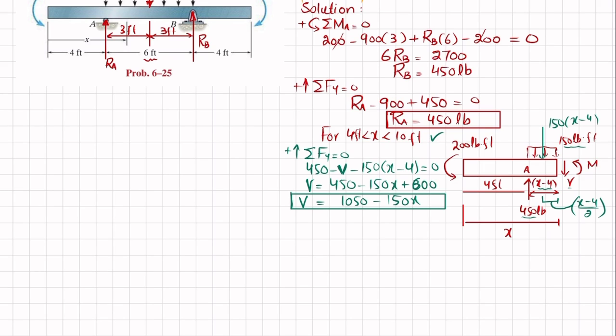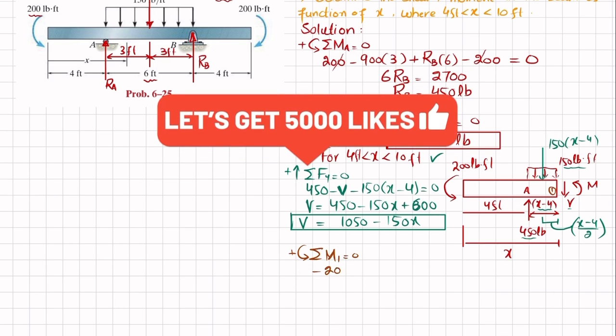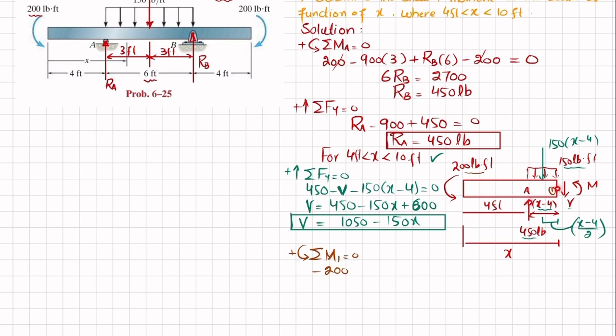Now we'll apply another equation, the sum of all moments about this point, let this be point 1, equal to 0, taking the counterclockwise moment as positive. About point 1, one moment is this one, 200, and it is counterclockwise, so it will be taken as positive 200. The second moment about this point 1 will be 450 into the perpendicular distance, which is x minus 4, and this is producing clockwise, so it will be negative.